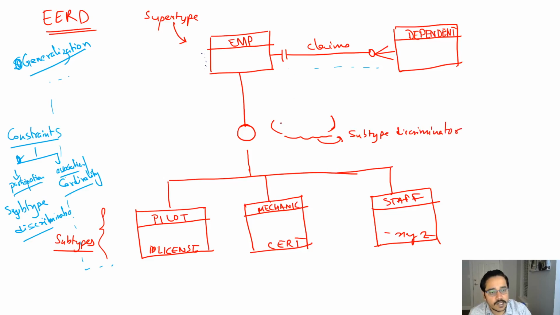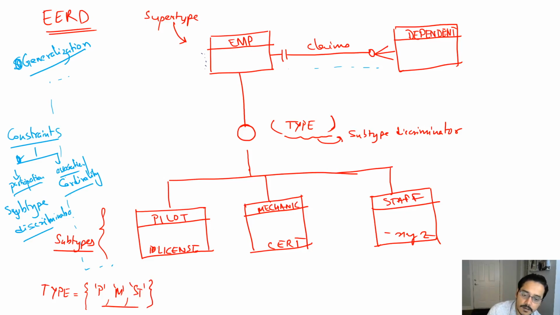So here we can have type, where type is basically an enumeration, which could be P, M, and then ground staff, ST. Or you can even use numerical values if you want, such as 1, 2, and 3.